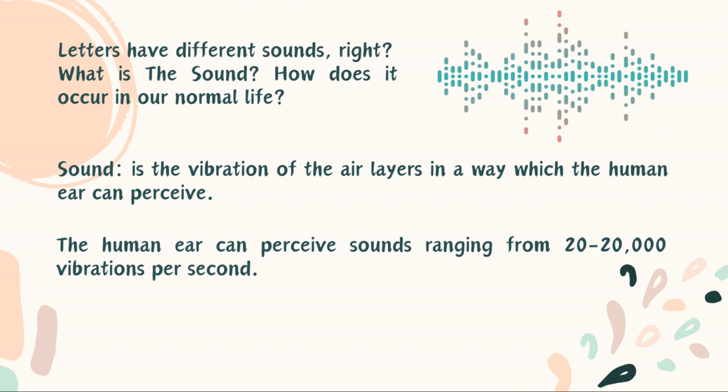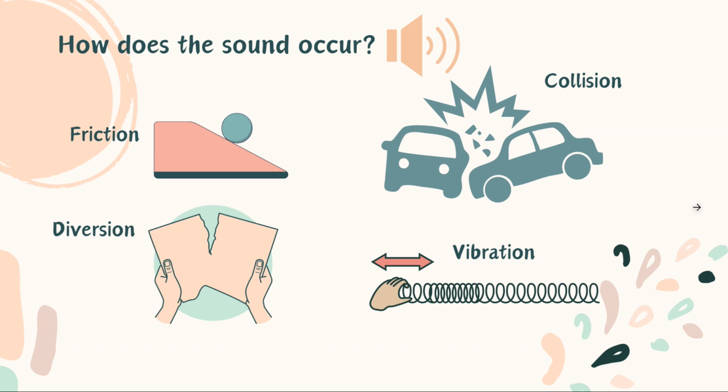And the human ear can perceive sounds ranging from 20 to 20,000 vibrations per second. So we can hear the very, very low sounds, and we can hear the very, very high sounds, depending on its range of vibration.